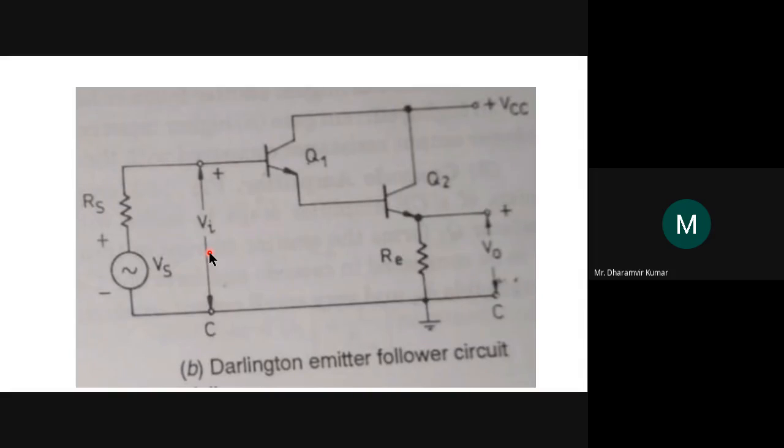The same emitter Darlington pair is being used here, and this is the input signal provided at the input side, the source voltage Vs. The output voltage is taken across this Re. Remember, one resistance Re is inserted at the emitter terminal of Q2.